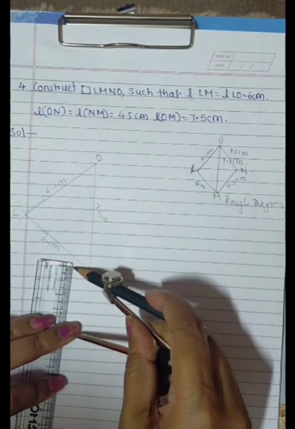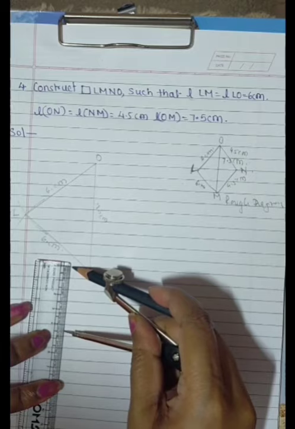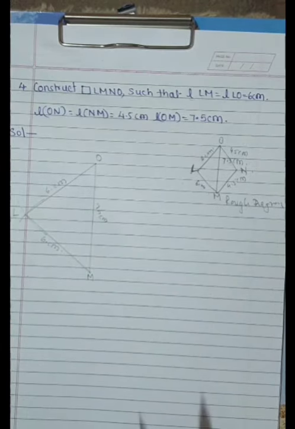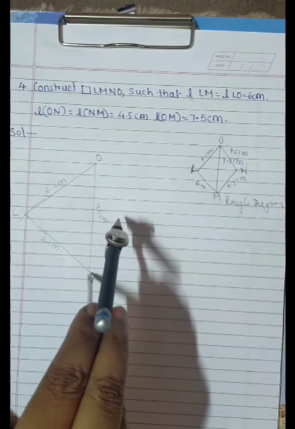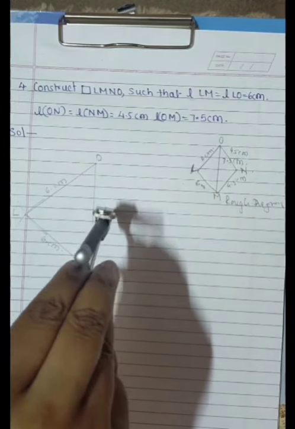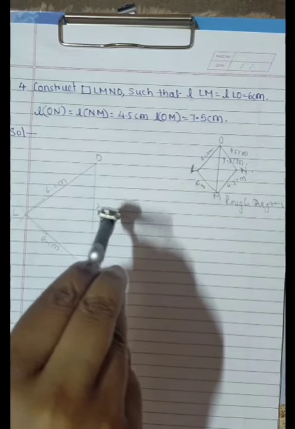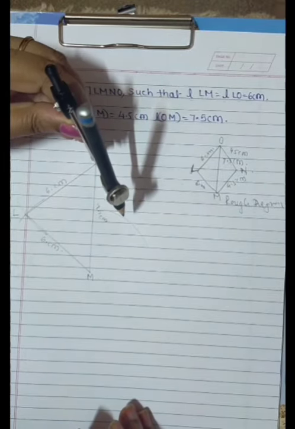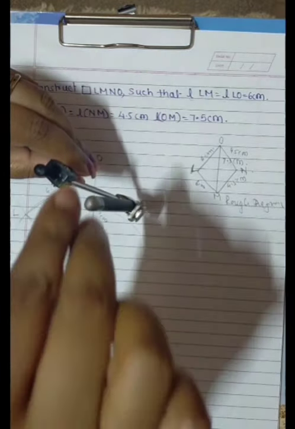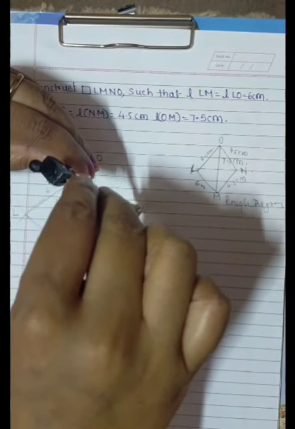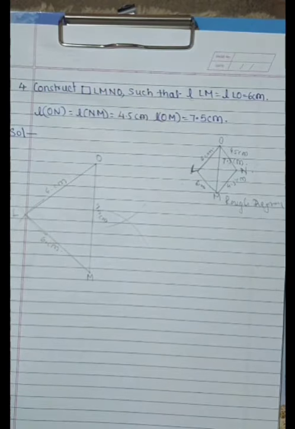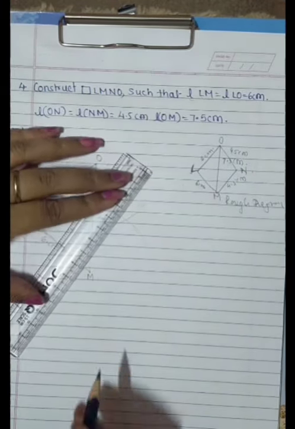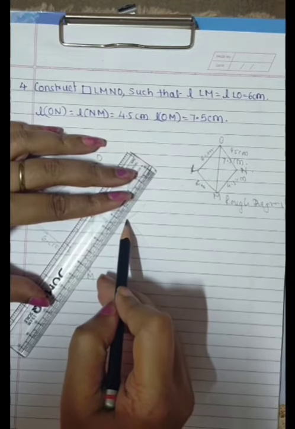So I am going to take 4.5 centimeter here. This is our 4.5. With the help of M point, we are going to draw one arc. Okay, and with the help of O point we are going to draw another arc. I hope it is visible. Now we are going to join this with point.